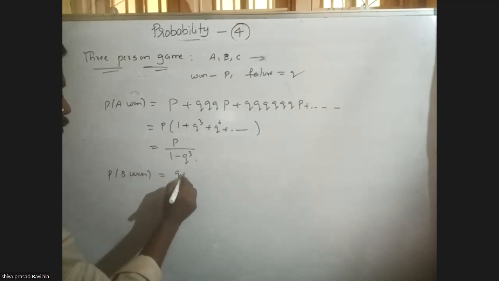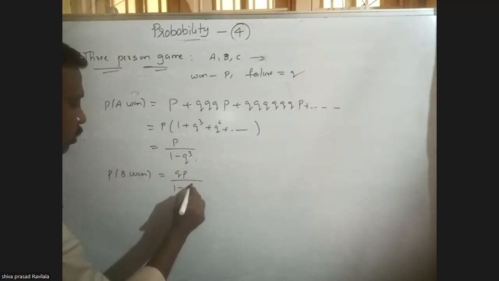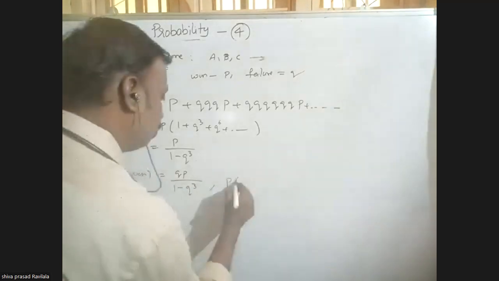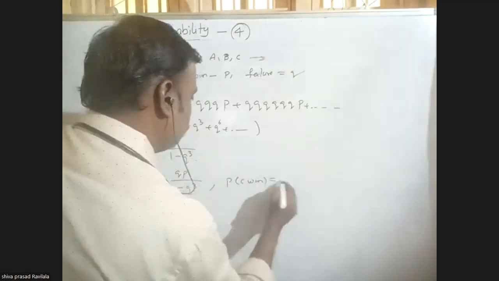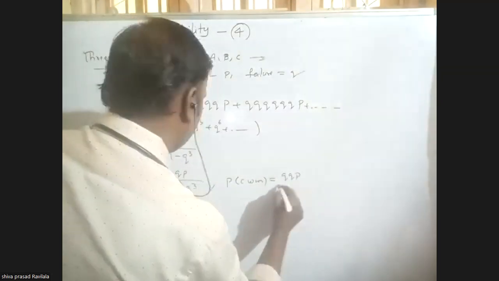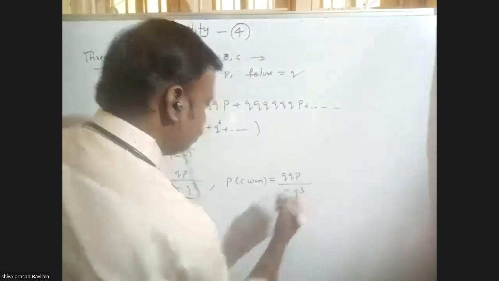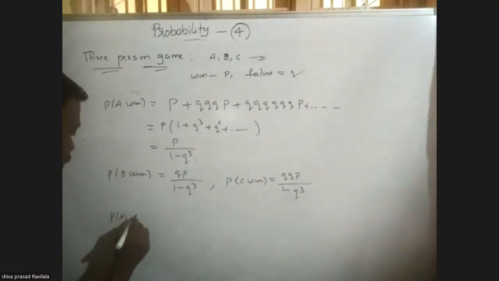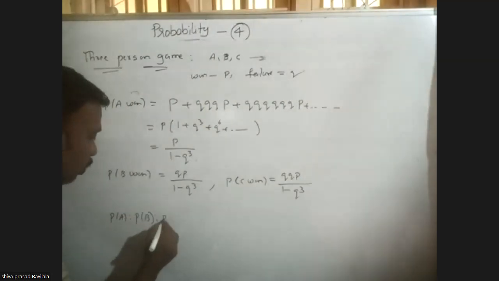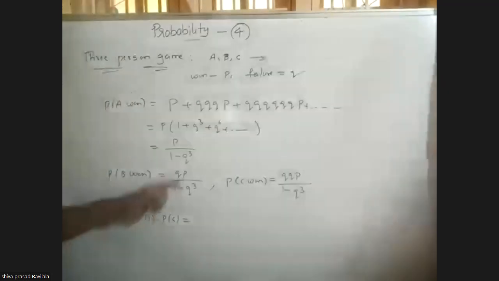Here, qP by 1 minus q², and the probability of C win is equal to q²P by 1 minus q². They may ask the ratio: probability of A is to probability of B is to probability of C. Denominators cancel.